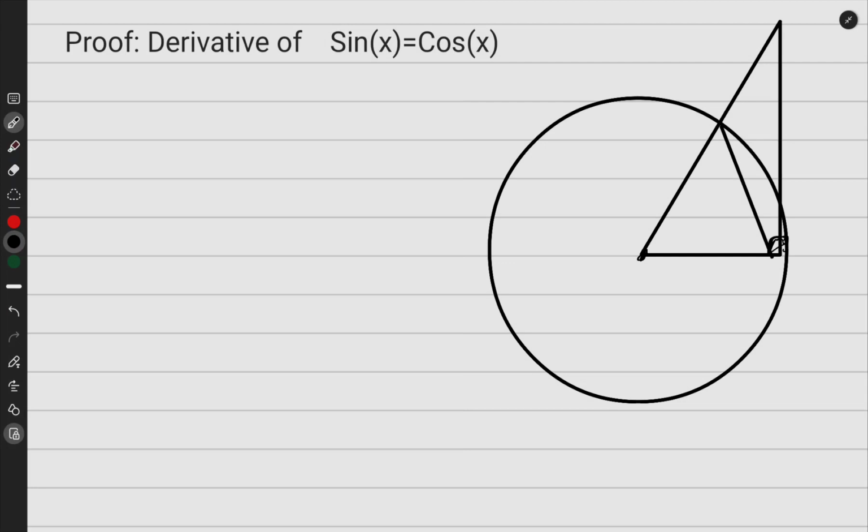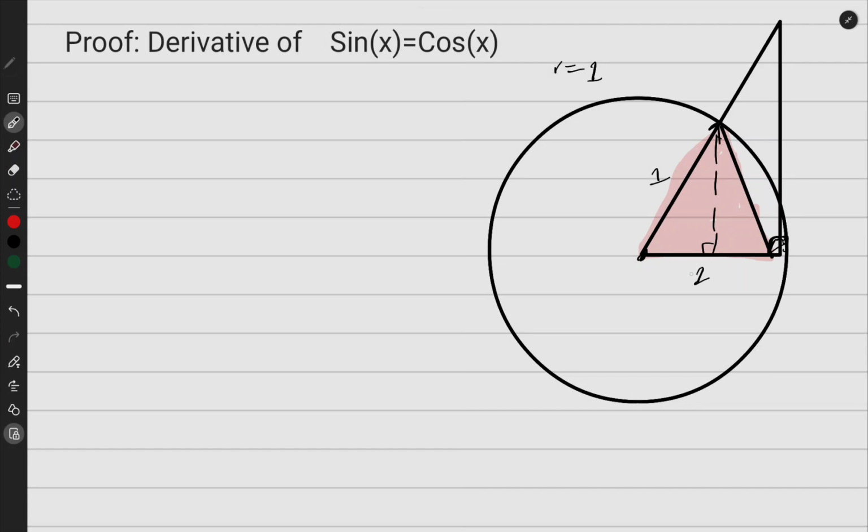First we're going to be interested in the area of the small triangle here. I need to tell you that the radius is equal to 1, so I have just one here, and just one here. To find the area of this triangle, I'll have to find the height.